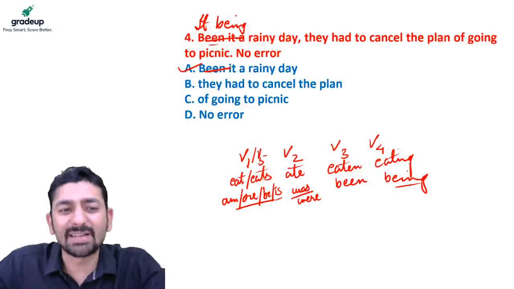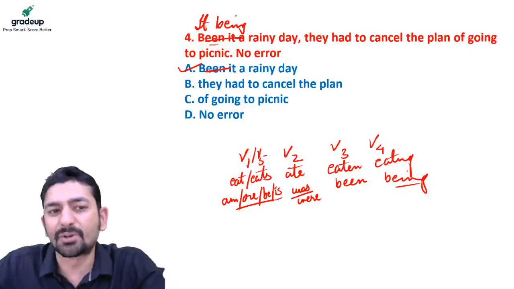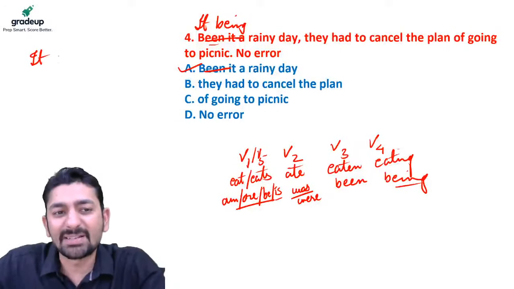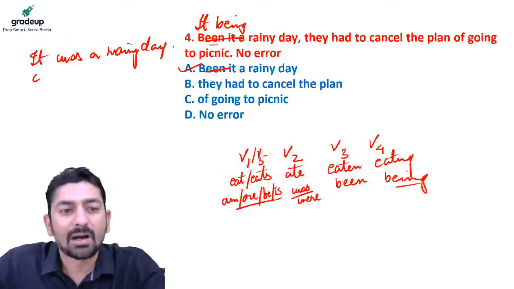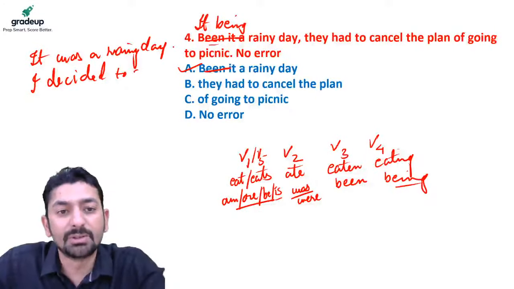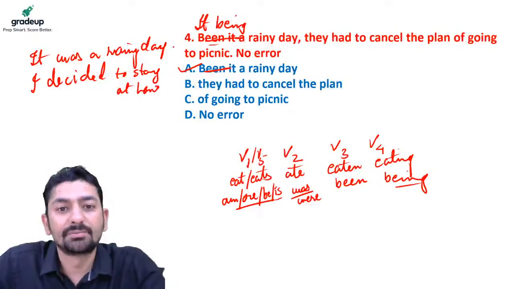Now let me tell you, this is the combination of two sentences. Like when I say it was a rainy day, I decided to stay at home. Suppose this is the sentence.